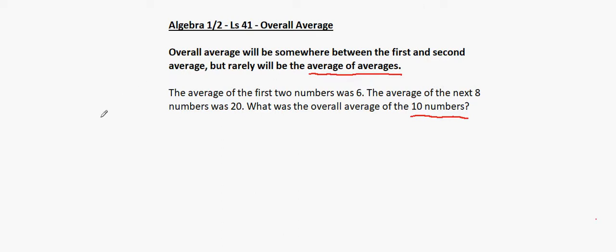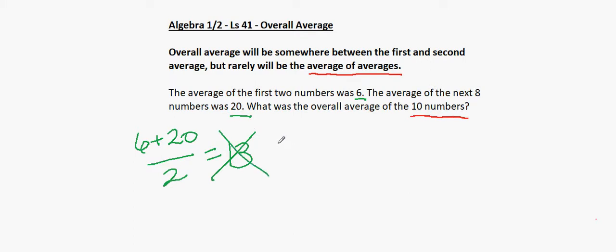I'll show it in green. What do you think? First average was 6. Second average was 20. What do I do with those two averages? I find the average of averages and divide by 2, coming out to 13. That's not going to be what we want.